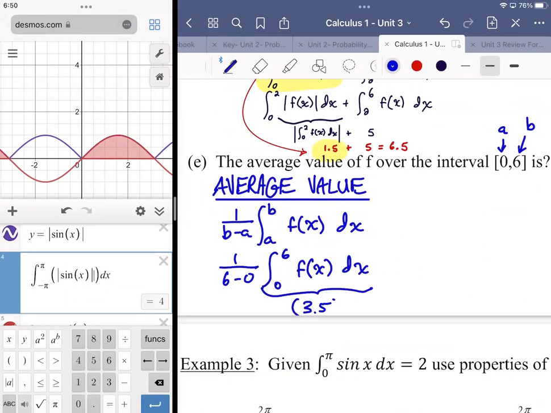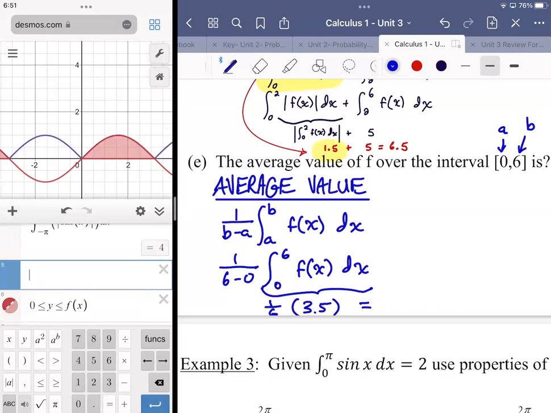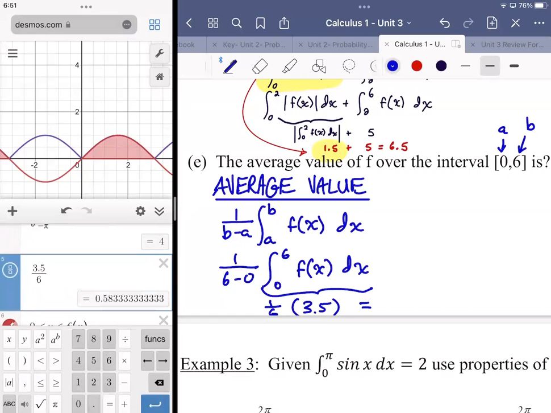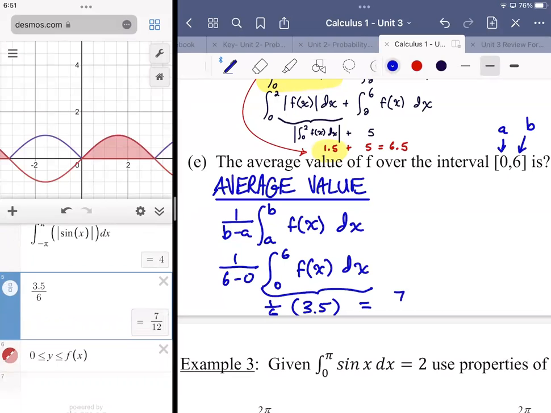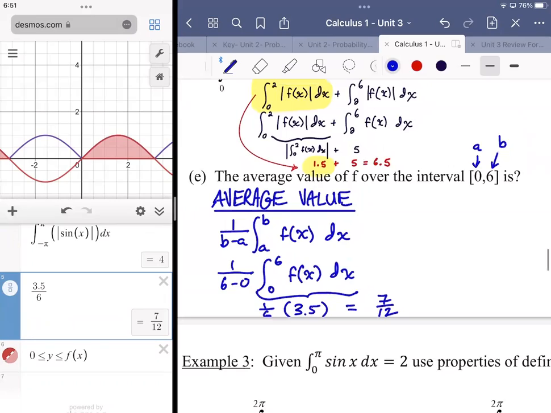So that's 3.5 multiplied by 1/6. All right, so 3.5 divided by 6 is 7/12. Okay.